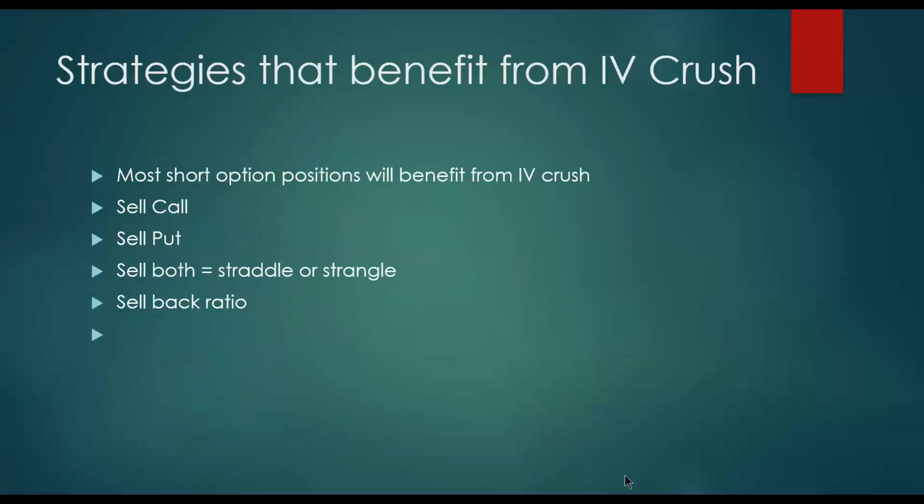So strategies that benefit from implied volatility crush, some of them are unlimited risk, or undefined risk. Undefined risk, unlimited risk, kind of the same thing. Most short option positions, when you're selling options, are going to benefit from IV crush. Now, are they all going to be winners?